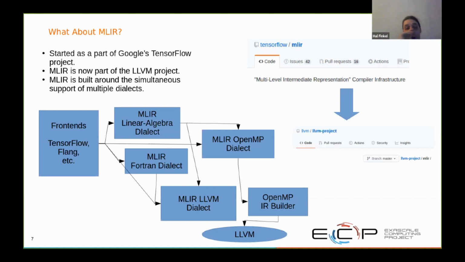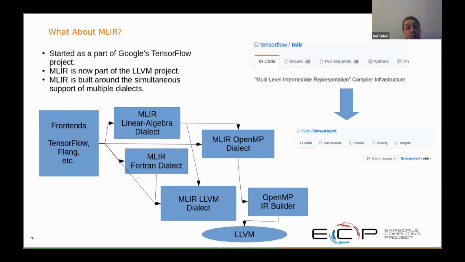So I've called out here on the slide a few things. One is that Flang, the Fortran front end that's in LLVM, is using MLIR. The Fortran code actually gets lowered first into an MLIR Fortran dialect, and in addition, there's an OpenMP dialect that's being developed to handle the OpenMP constructs that occur in the Fortran code.